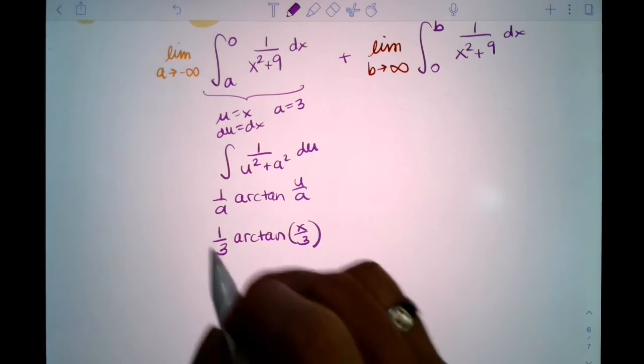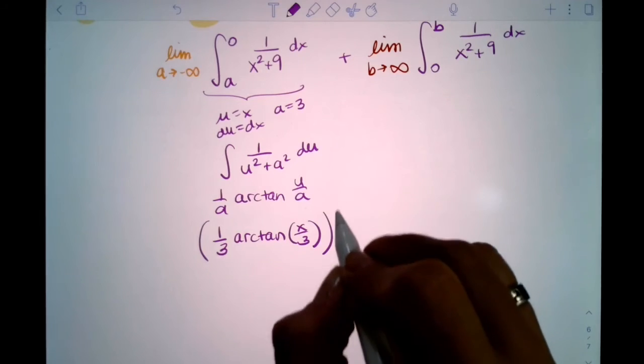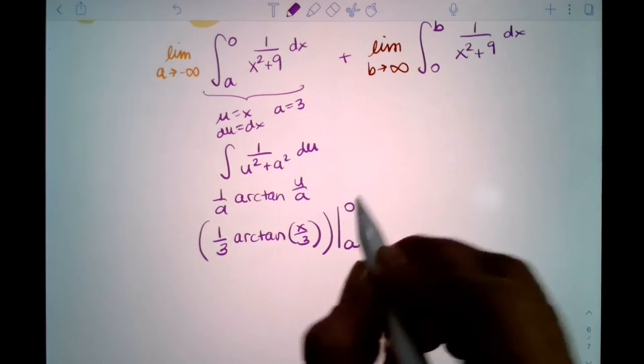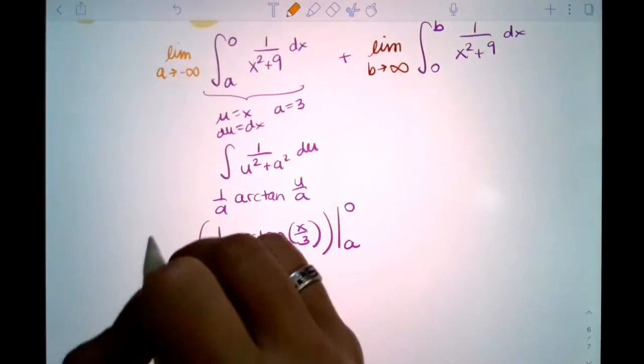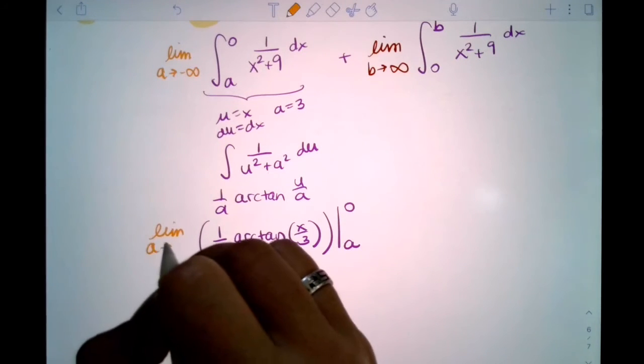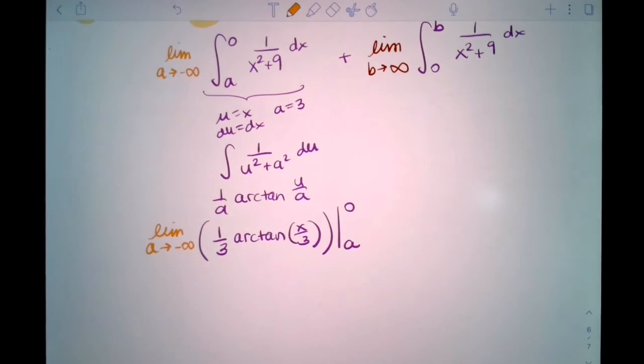I have to now pay attention. Well, wait a minute. I'm supposed to be plugging this in from a to 0. And don't forget, at the end of the day, this is really going to turn into a limit question. You're just still working on that fundamental theorem of calculus. You're still sort of dealing with evaluating it.